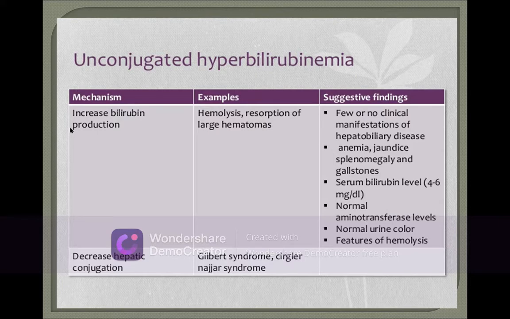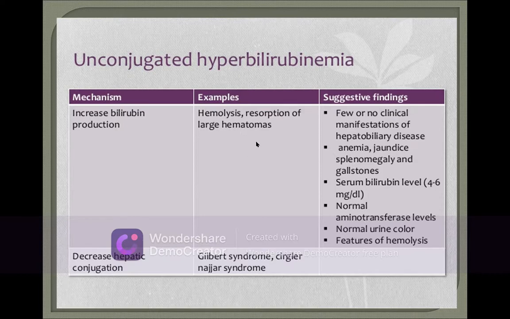One of the important things is increased bilirubin production. That is the substrate. And secondly, there is entry. If they are entering into the hepatocyte, there is hindrance there. So therefore, decreased hepatic conjugation. Inside the cell, the enzymes are not properly working.